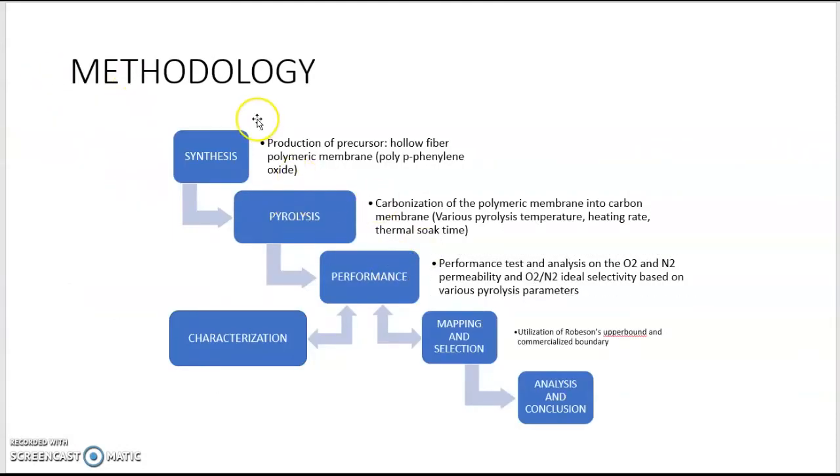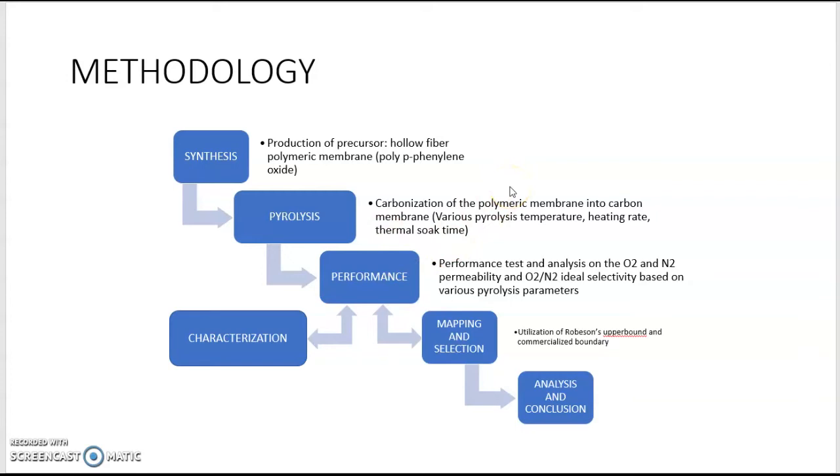So this is the methodology. Firstly, we produce the polymeric membrane in the form of hollow fiber, and then we apply pyrolysis thermal treatment on the polymeric membrane in order to transform it into a carbon membrane. In the process, we varied pyrolysis temperature, heating rate, and thermal soak time.